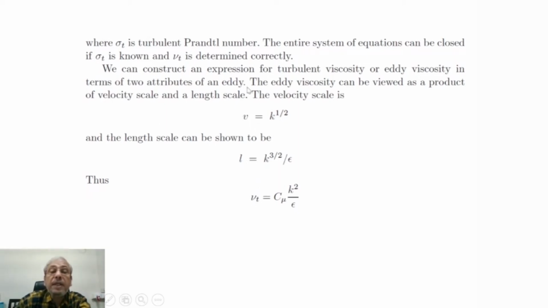We have already said nu t is a function of these two, and then it can finally be written as c mu k square by epsilon. If this is known, then nu t is known, and if nu t is known, alpha t can also be determined.